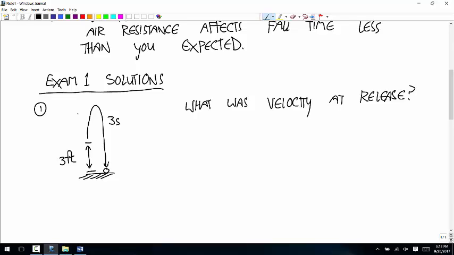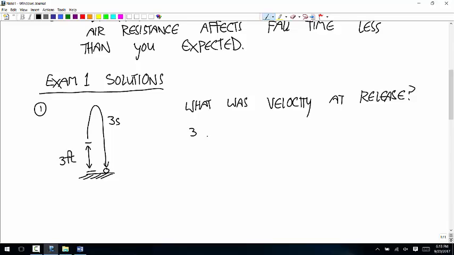The first thing we have to do is, well, we could do it in feet and seconds. I'm going to convert it to meters because that's what I'm used to. I guess also because I either have to do that or convert the acceleration of gravity to feet per second squared.